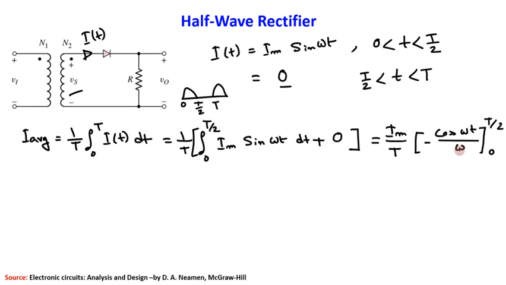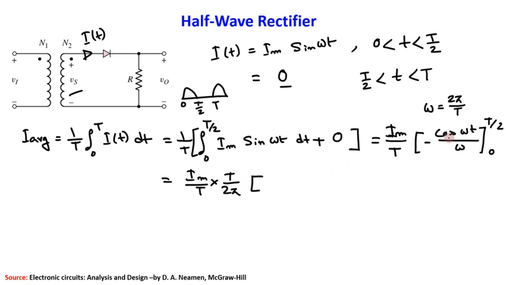Now if we substitute this value, but before that we have to think about this omega. What is omega? Omega equal to 2 pi by T. So we can also take out omega now. By the way, let me write this is Im by T into omega, so omega is 2 pi by T, so it is T by 2 pi then, right?